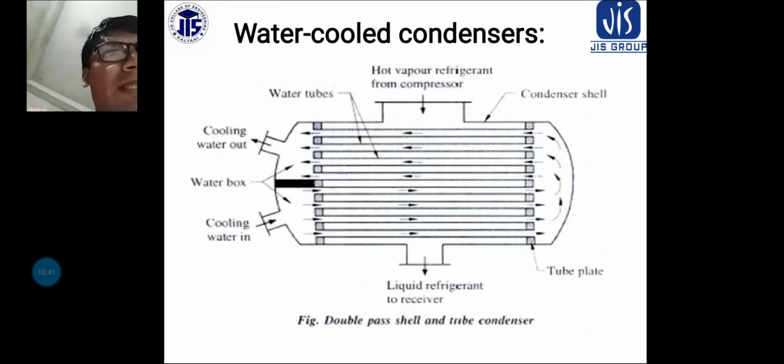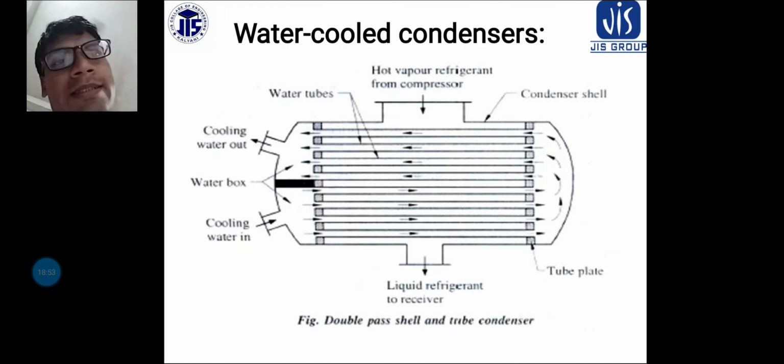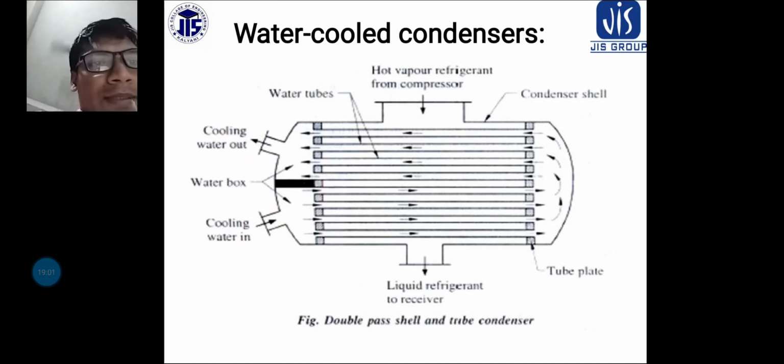So in this double pass shell and tube condenser, the cooling water is entering here in this portion, you can see, and cooling water is out, and the water tube bundles you can see, and the hot vapor refrigerant from the compressor is coming in from the upper portion.